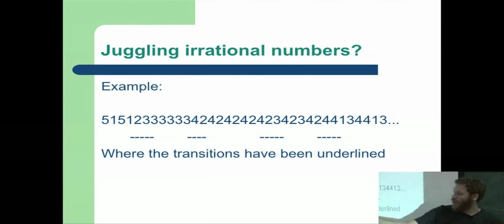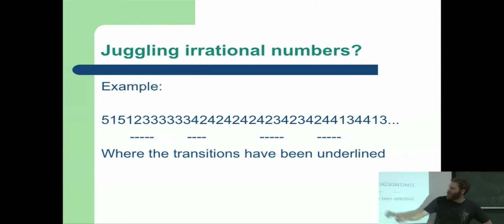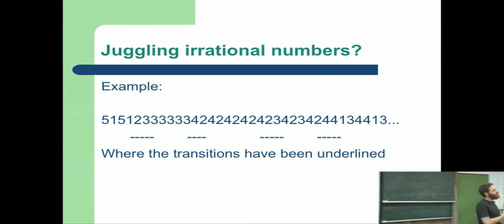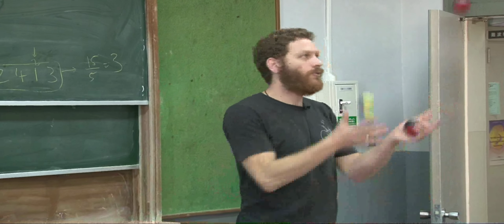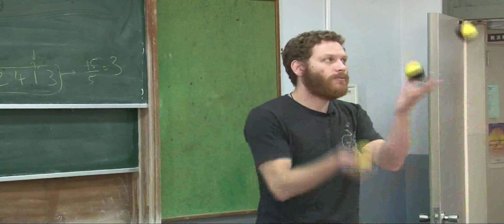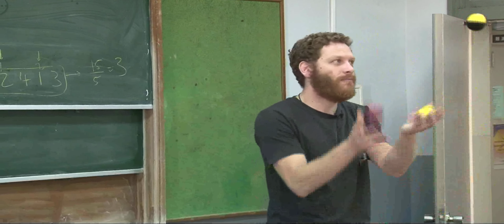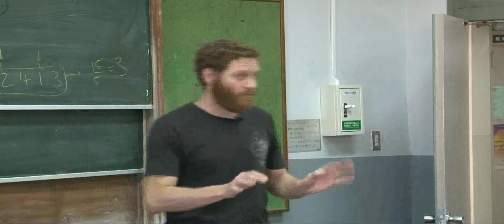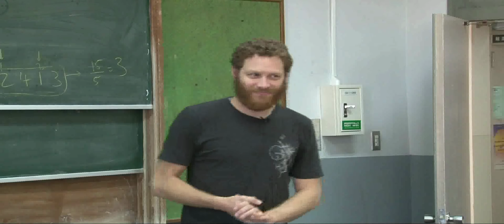And then there's another transition in here, from 4, 2, 4, 2 to 2, 3, 4, 2, 3, 4. All of these are 3-ball patterns. Again, this is one of those patterns, 4, 4, 1, 3. If you remember, 4, 4, 1, 3, and so on. Okay, so does everyone get the idea?